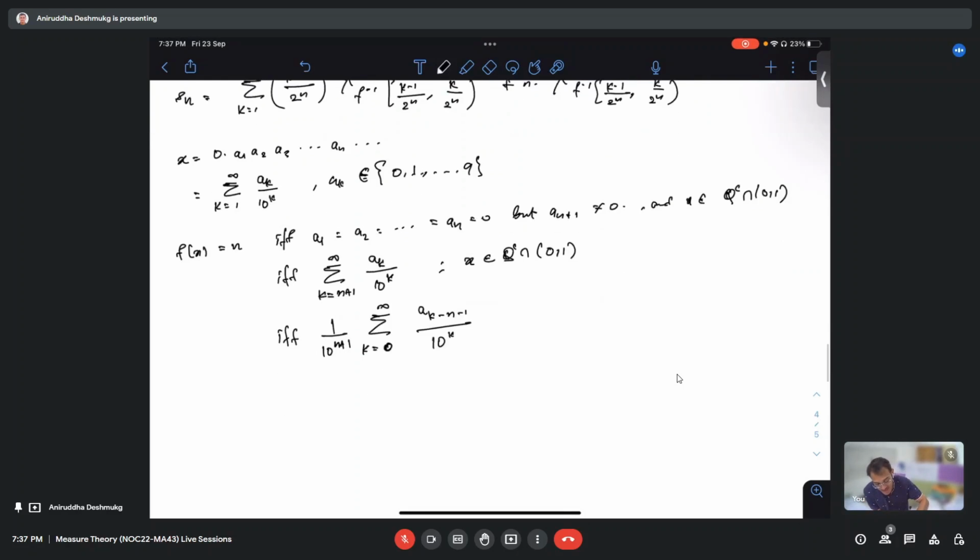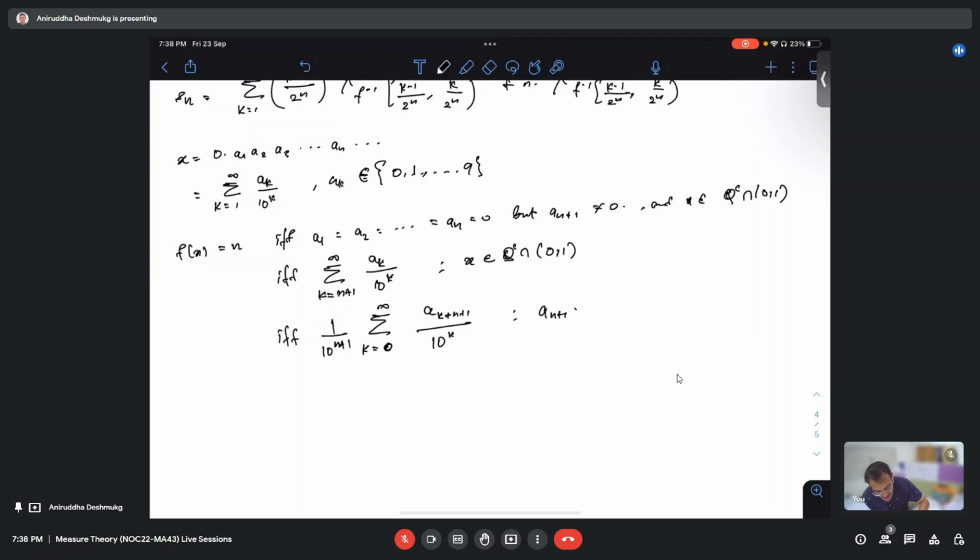So with this understanding, what we do have is a k minus n minus 1. I'm so sorry. Today I'm making a lot of writing errors. This is k minus n only because we want to start it with a(n+1). Oh, wait. So the first term should be n plus 1. So it should be k plus n plus 1. Yeah.